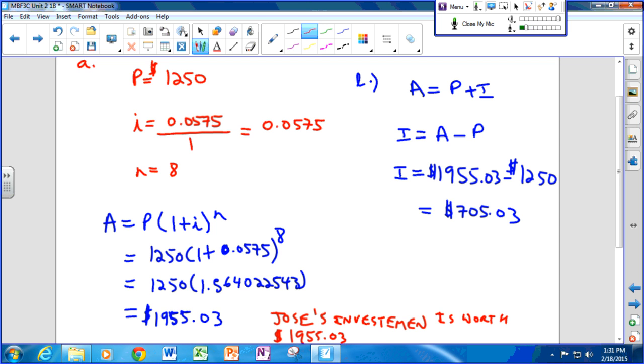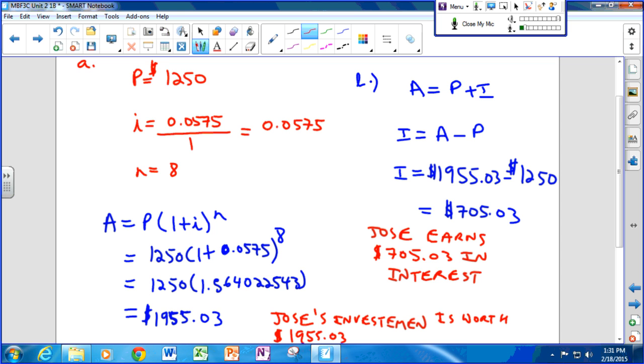And then for B, it's going to be Josie earns $705.03 in interest. Okay, so that's how you get full marks for a question like that.